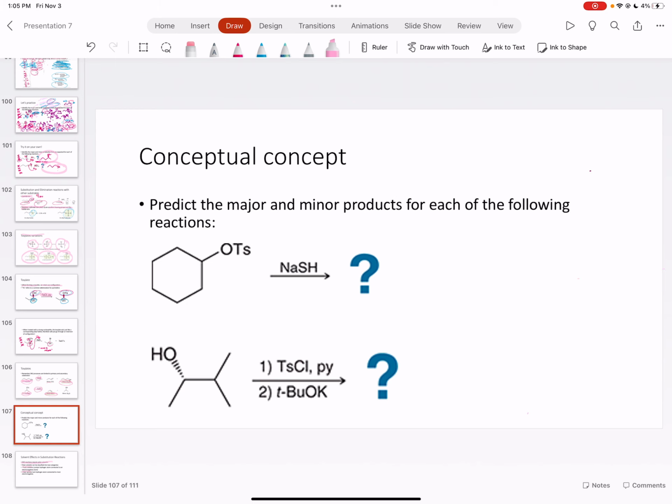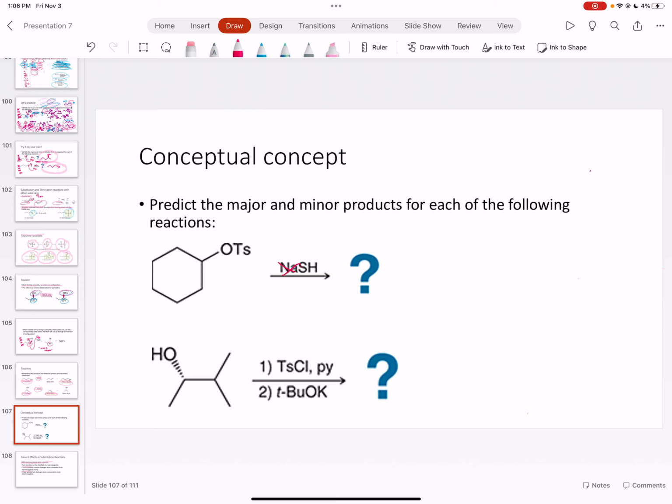So, conceptual concept: predict the major and minor products for each of the following reactions. Okay, let's see.